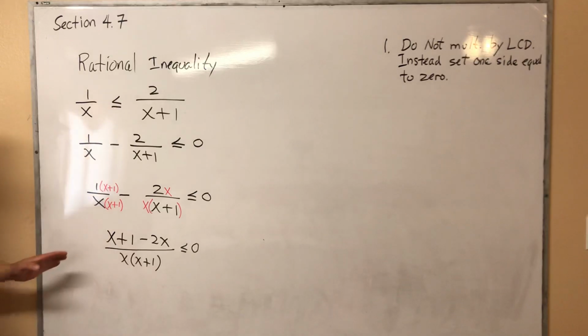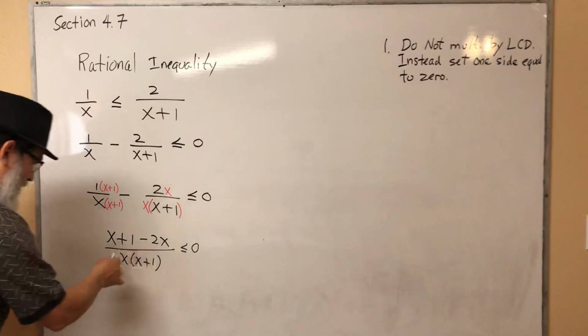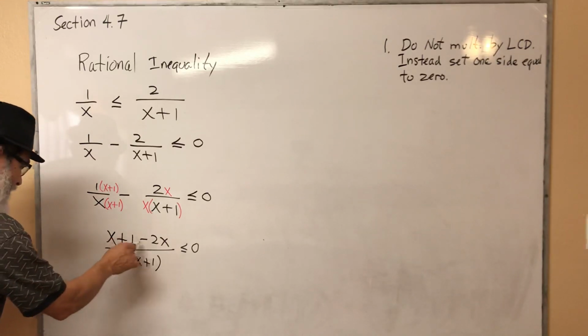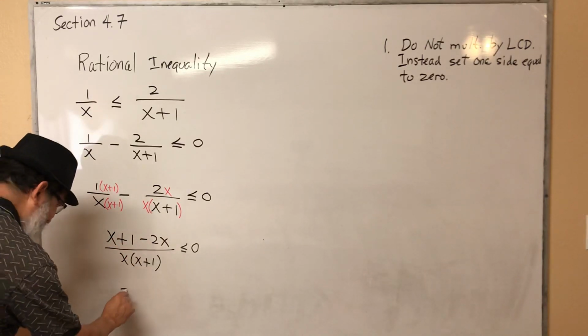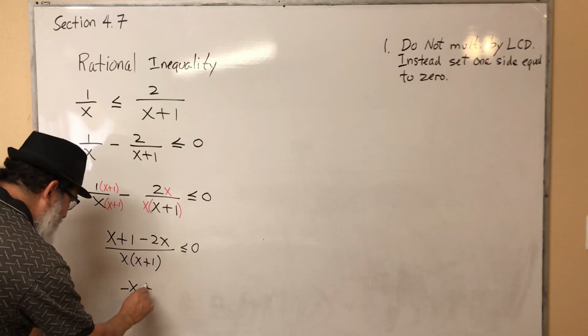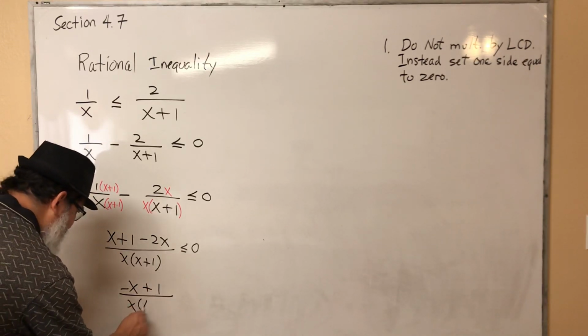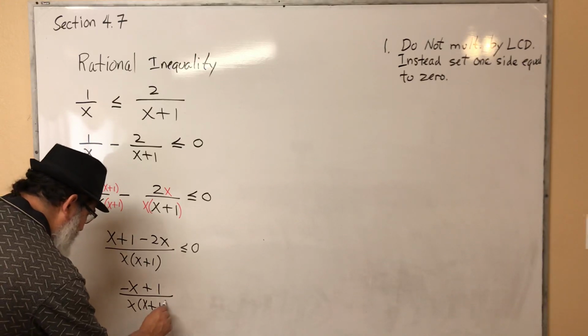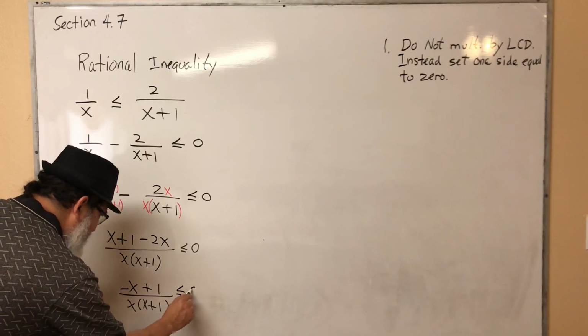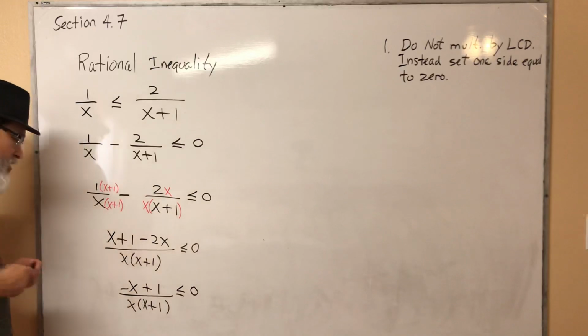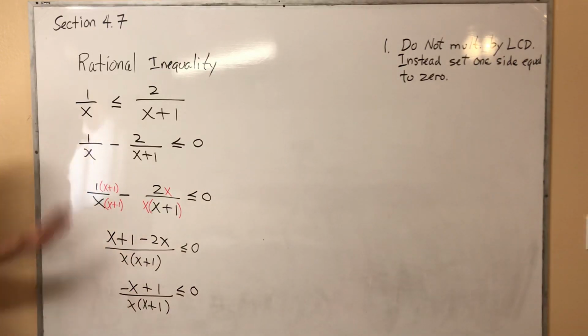Finish the numerator. What's x minus 2x? Negative x plus 1 over x times x plus 1 less than or equal to 0. There you go. Very good.